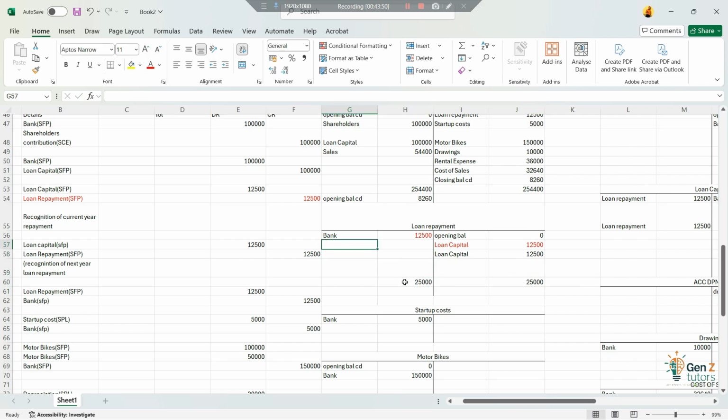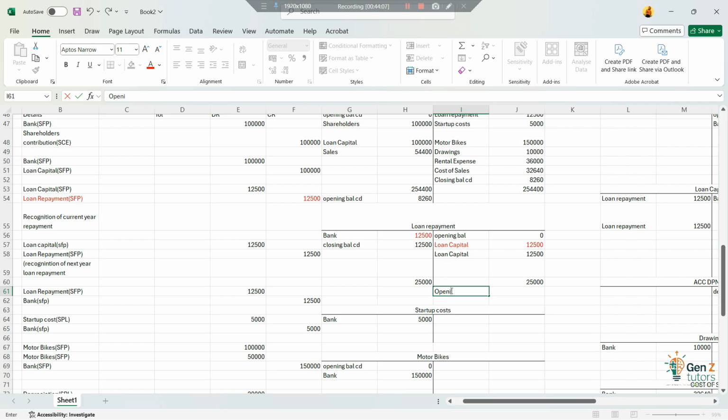Then we see our closing balance to balance everything off. Closing balance carried down: this minus this. Then we have 12,500, which is going to be our opening balance for next year.